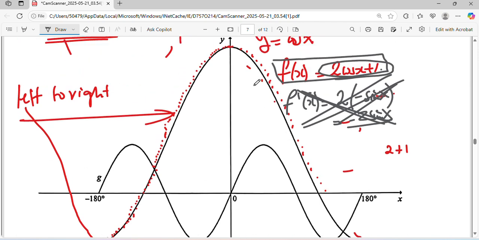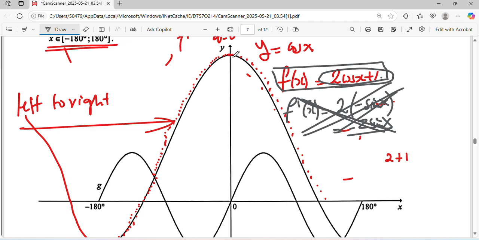From that zero here, we go until here, until x is what? x here is on my sine graph.